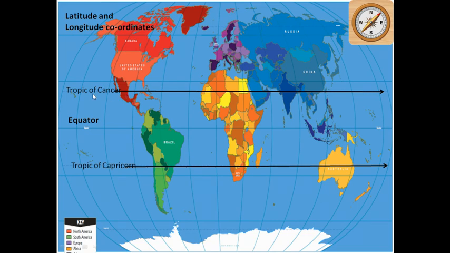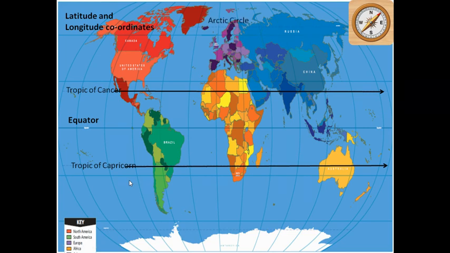So they're the tropics, and they are important lines of latitude. The Tropic of Cancer is at 23.5 degrees north, and the Tropic of Capricorn is at 23.5 degrees south because of the way the Earth tilts towards the sun, as we discussed in previous lessons.